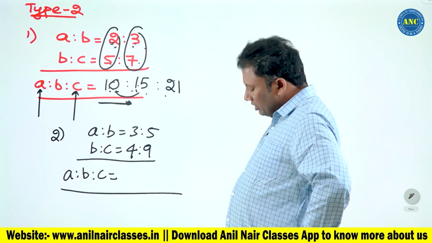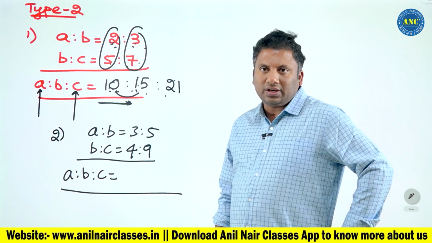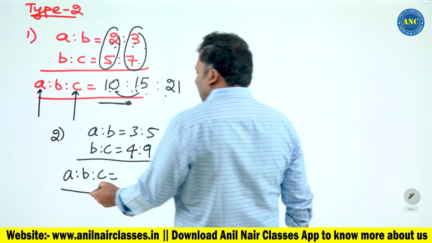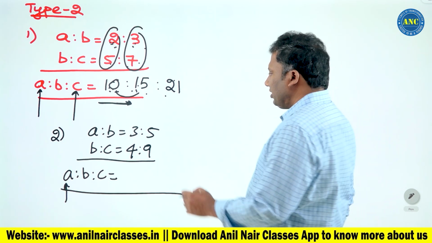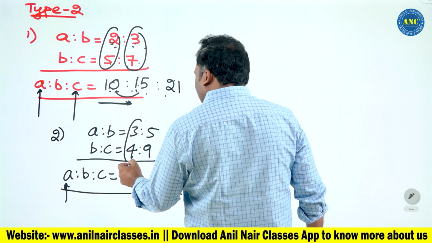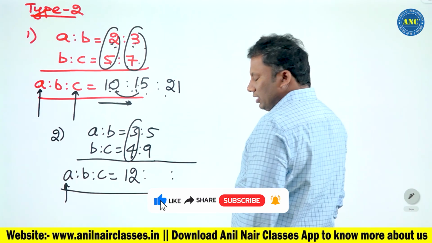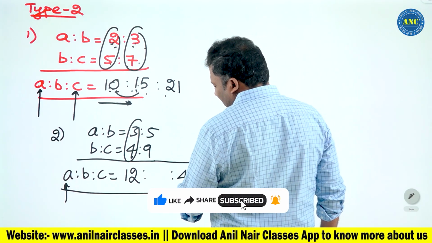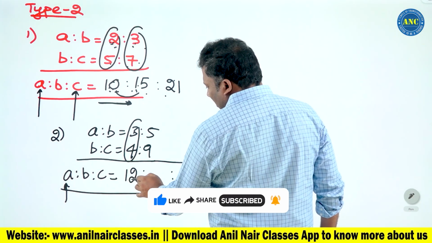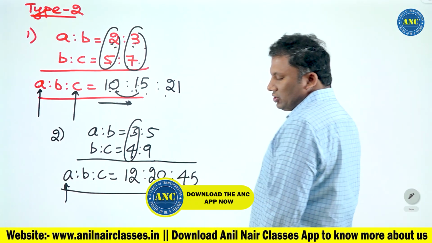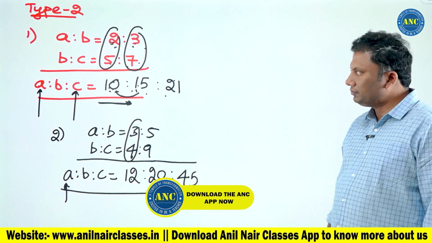A to get the first value, multiply all the first. 3 4s are 12. 12 is to 20 is to 5 9s are 45. 3 4s are 12, 5 4s are 20. So 12 is to 20 is to 45.